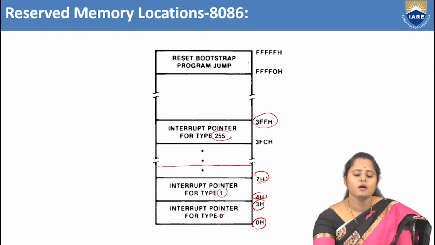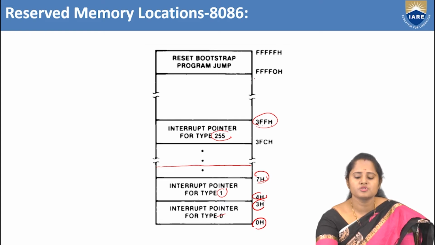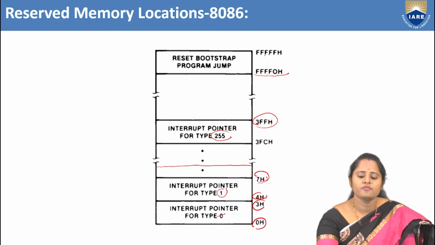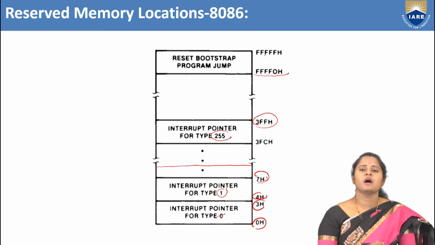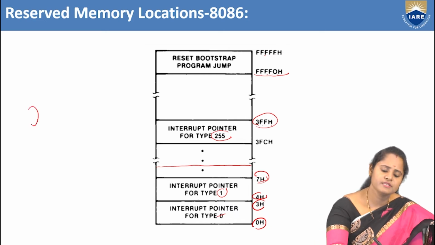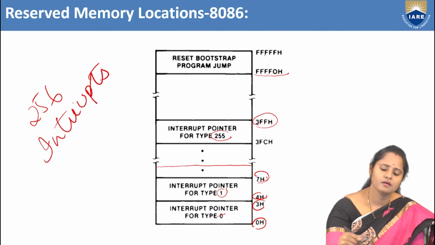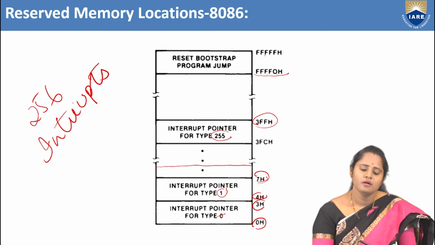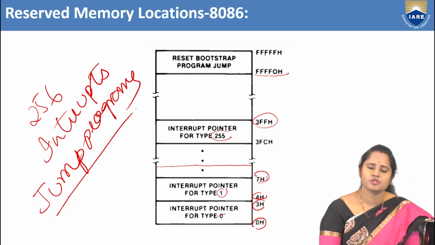And for jump instructions, as we have seen for looping and branching, you can use the memory location FFFF0 to FFFFFH. So the reserved memory locations are given to the 256 interrupts, and other memory locations are for jump programming instructions.